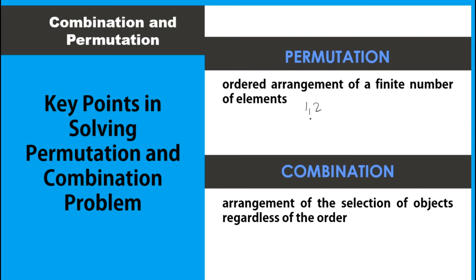They can be written as 1 and 2, and 2 and 1, so you have two different permutations. For combination, 1 and 2 and 2 and 1 is only one combination. Even if they are in different order, as long as the elements are there, it is considered the same.